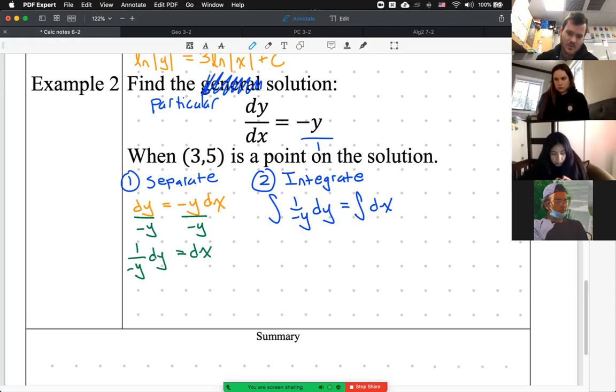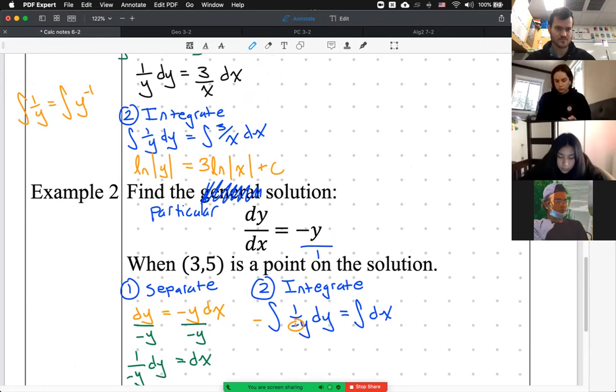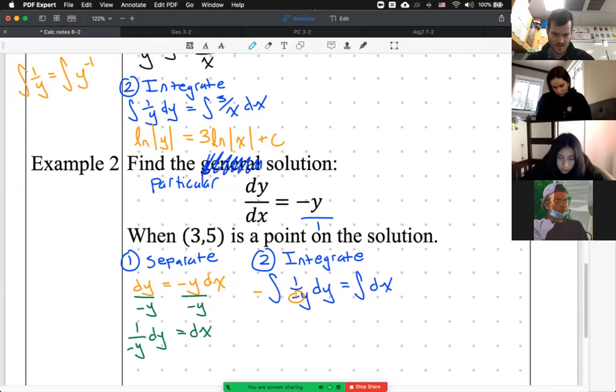So this negative y can really be factored out if you want to think about it that way. So you really have a negative out here and then just a positive 1 over y. And if you compare that to how Fiona did step 2 in the last problem, it's basically the same. Should be negative natural log of y. Yep, really close.